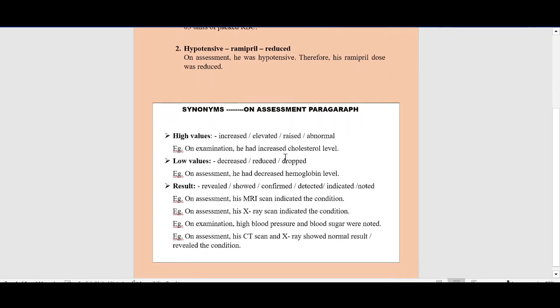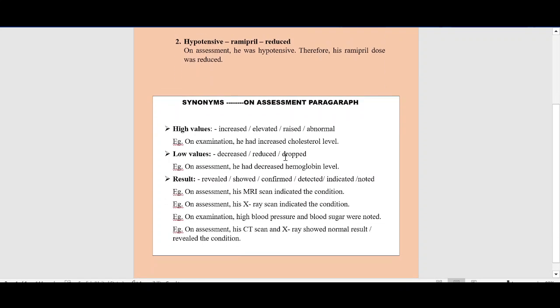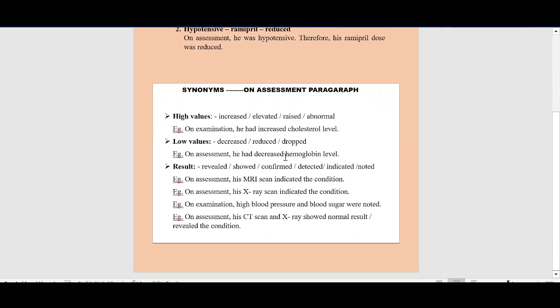And now the third thing I would like to teach you is about synonyms. There are many synonyms we use in the assessment or the first body paragraph or the medical history. First is high values. If the values are high, how can you make use of those words?